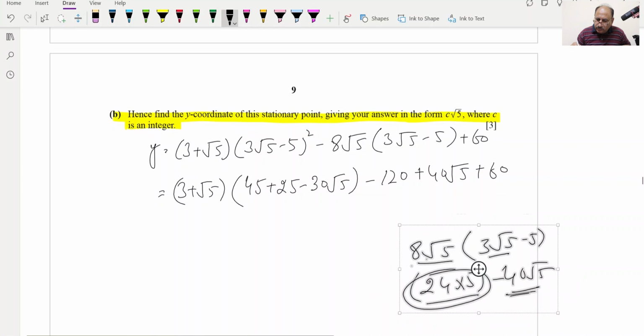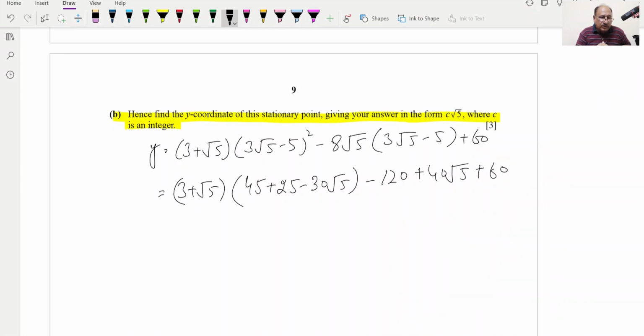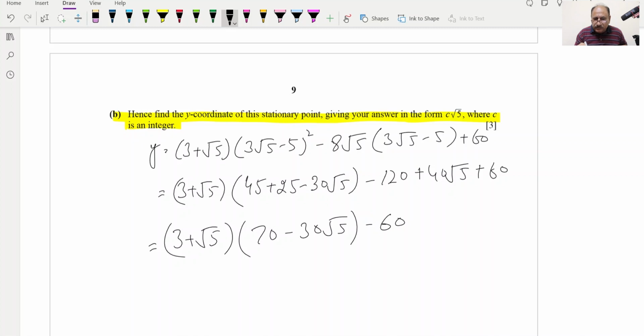So I'm deleting this portion, and now we can simplify this portion. 3 plus under root 5, 45 plus 25 will be 70, minus 30 under root 5, and minus 120, and plus 60 will be minus 60 plus 40 under root 5.